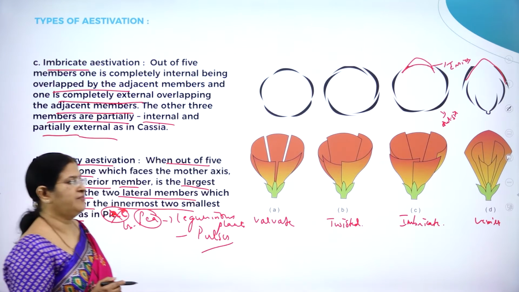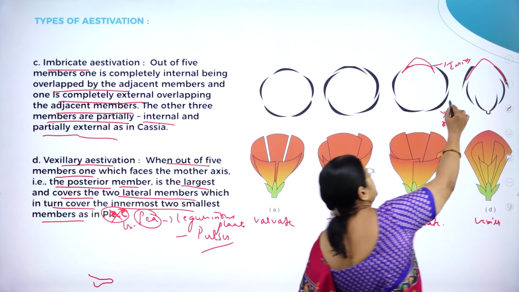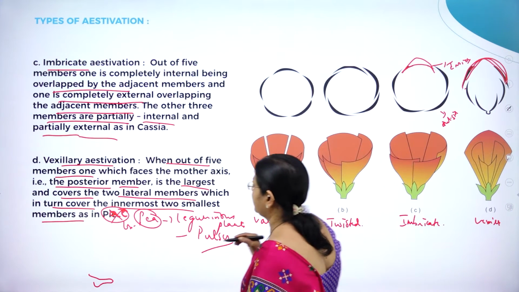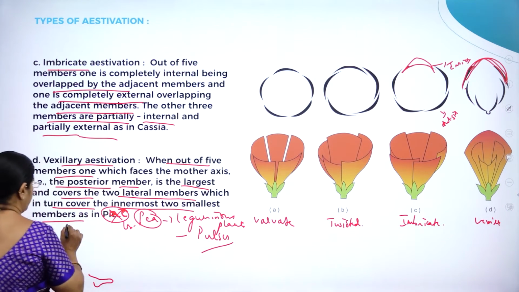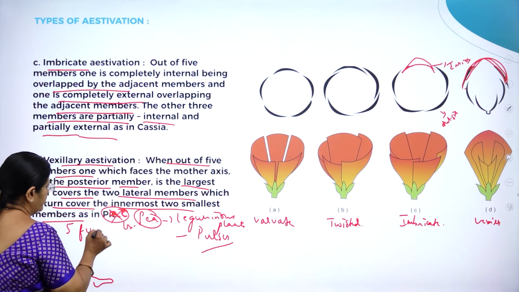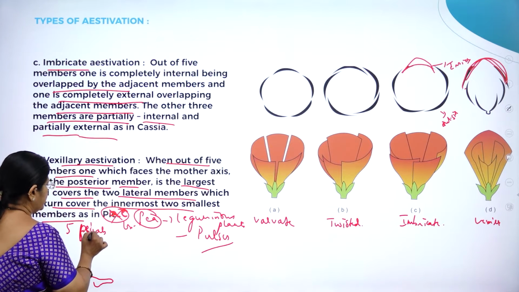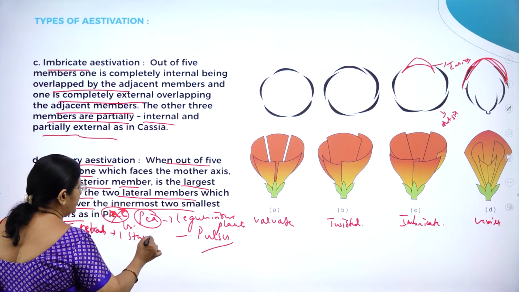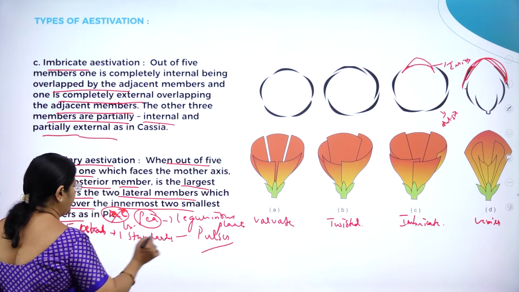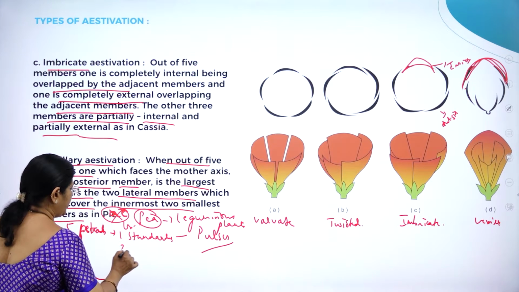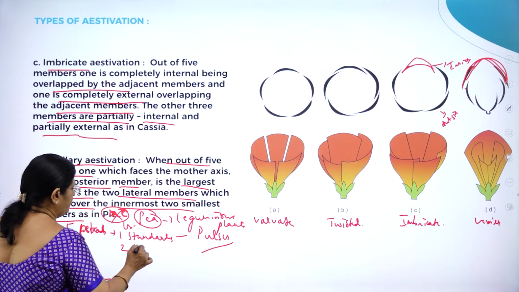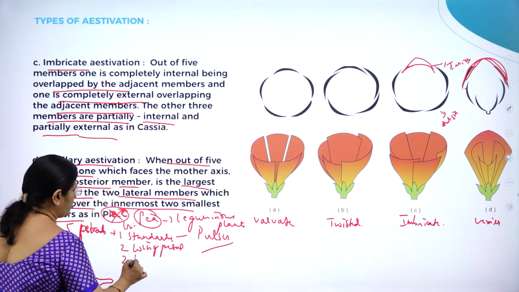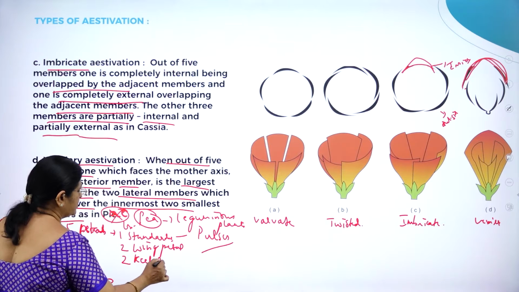In vexillary you can see one is the largest petal, and here we have 5 petals. Of the 5, one is called the standard petal, 2 are called wing petals, and the remaining 2 are called keel petals.